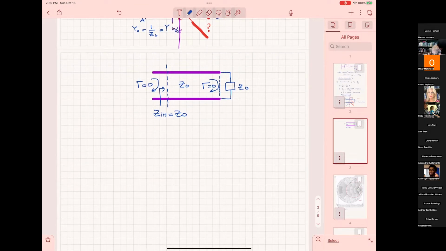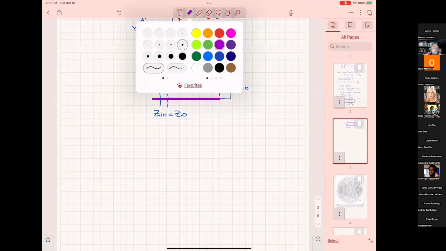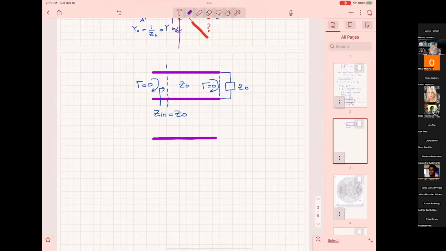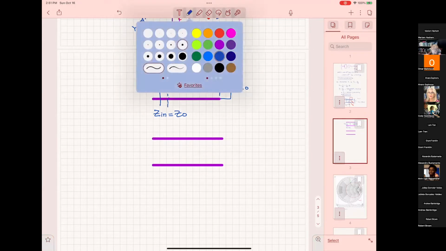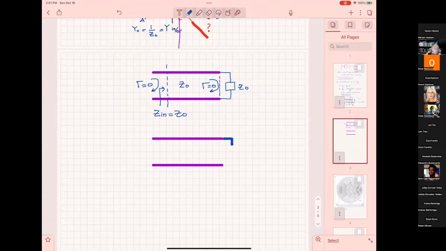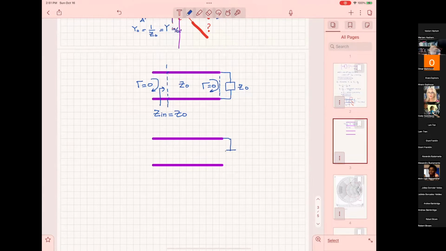If we have a transmission line like that, another way to say exactly the same thing is the following. I have a transmission line with characteristic impedance Z naught, and the reflection coefficient is gamma.